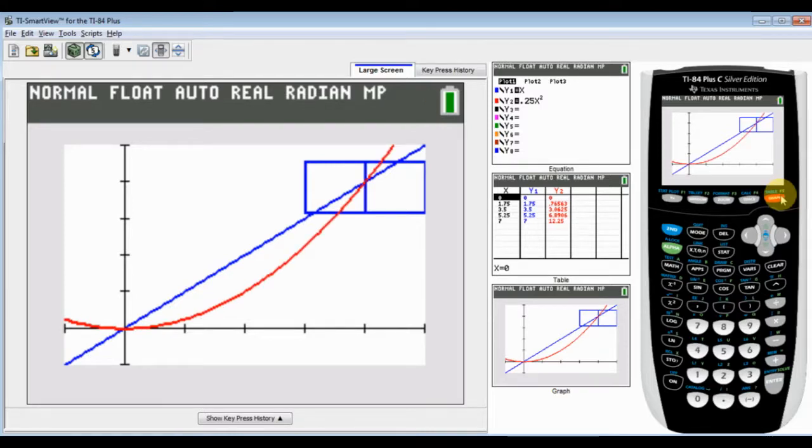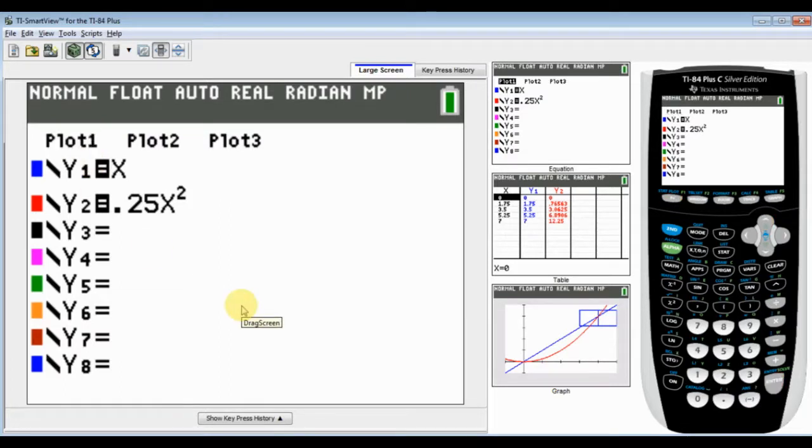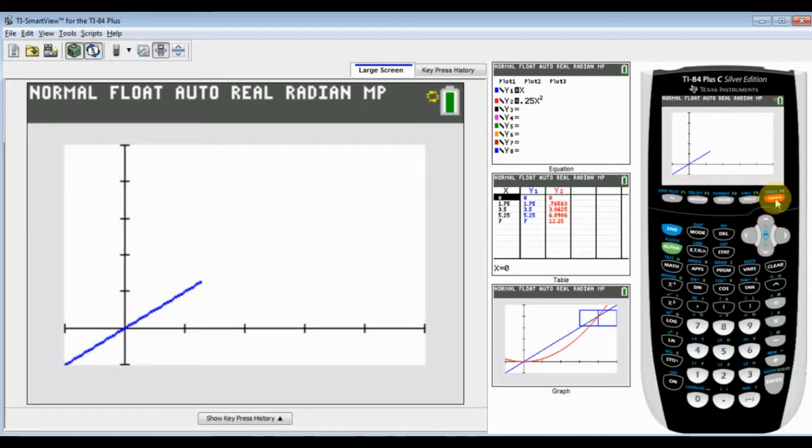Okay, that box, I don't want it there. I think that's from statistics. So I'm going to go over here to y equals and see how plot 1 is highlighted. That shouldn't be highlighted. I'm going to regraph. And that should take care of the box.